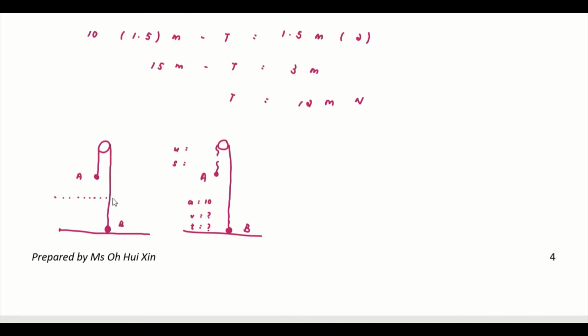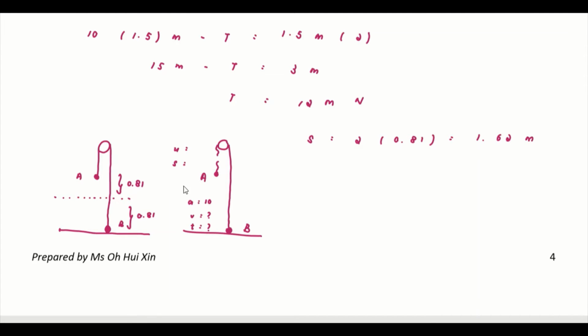B is falling down, so the displacement here is 0.81. And the string remains taut here, so this will be 0.81 as well. So the total displacement from the point where the string breaks until A reaches the ground will be equal to double of 0.81, which is 1.62.